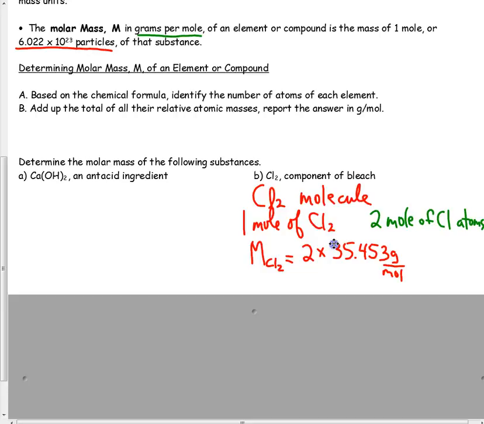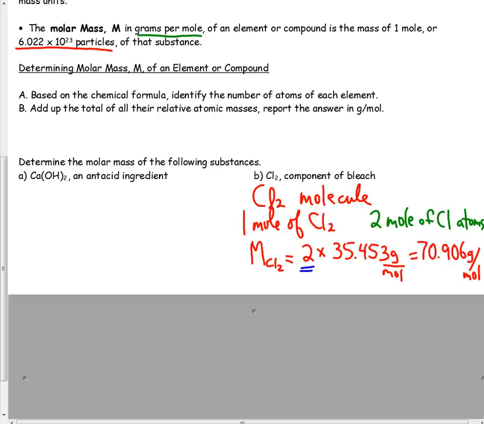That would give us approximately 70.906. We can calculate the exact value if we want. Notice carrying through 5 significant digits because 2 is a counted value. We're talking about 2 exact moles of chlorine atoms. There's no uncertainty in that, so we're going to carry through 5 significant digits in our answer.